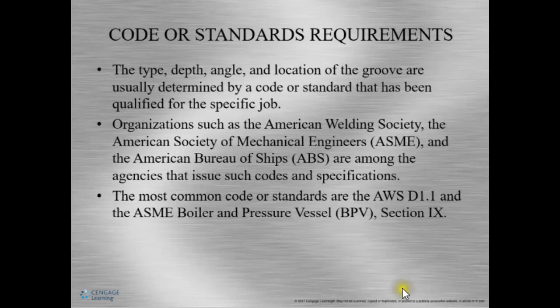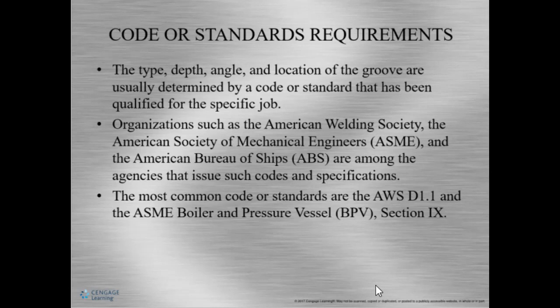Okie dokie. So, certain codes or standards may require specific joint designs to ensure proper penetration and the weld will properly hold. One of the most common codes or standards that you may see is AWS D1.1 for structural steel. This is pretty much the Bible of welding and structural materials.